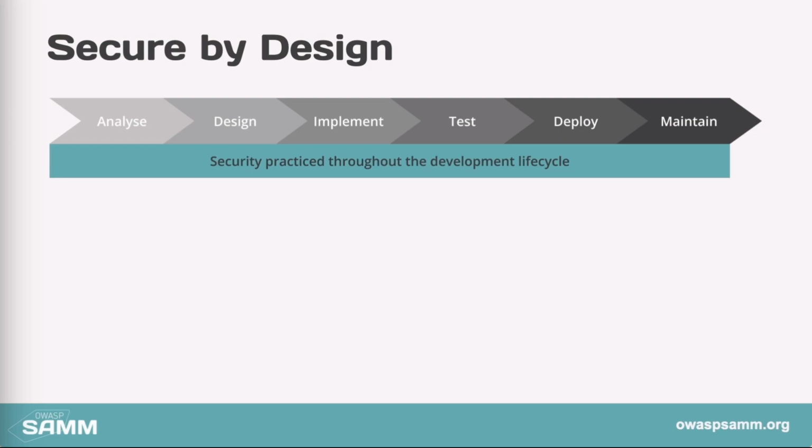Now, one of the great things about the SAM model is that it does not advocate against doing a pen test. However, having done all of this upfront work and having captured information about what your security concerns are and what your security features are supposed to be doing, you can have a more valuable pen test. By having practiced secure by design principles and having actively thought about what your security features should look like, you can hand the pen testers a much better scoping document.